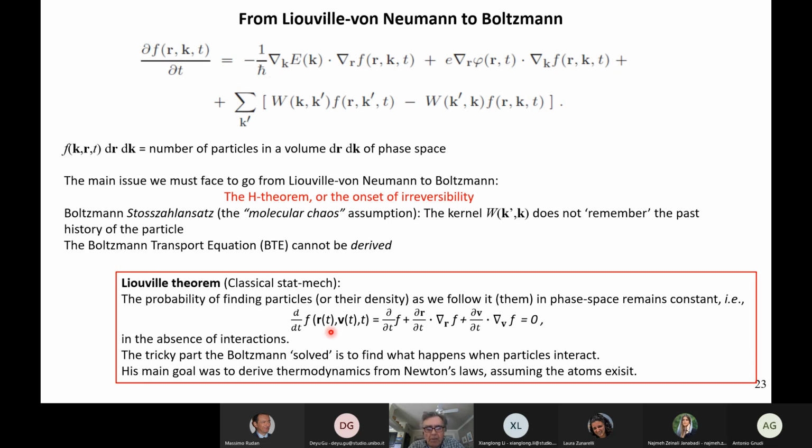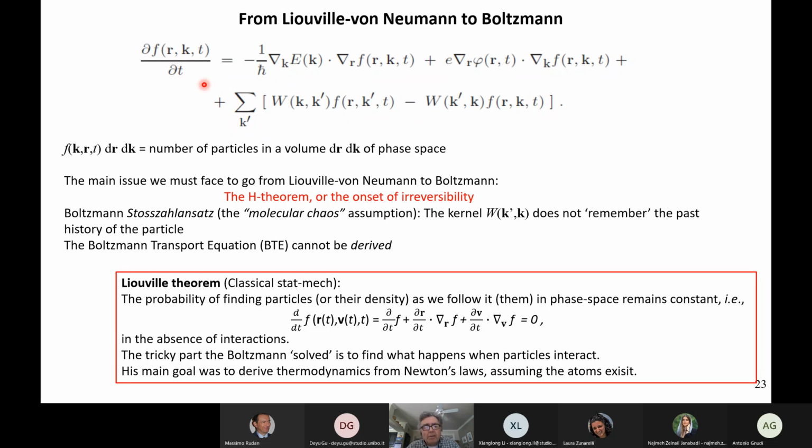First of all, let's start with Liouville's theorem. Take this distribution function, which is, as I said, depending on how you normalize it, the probability of finding a particle at position r at wave vector k, or velocity v if we're dealing with real space, at time t. If we follow the evolution of this distribution function along the trajectory of the particle, we get a constant, because we just keep the probability of finding a particle here, but here in phase space means along the trajectory in which the particle is moving.